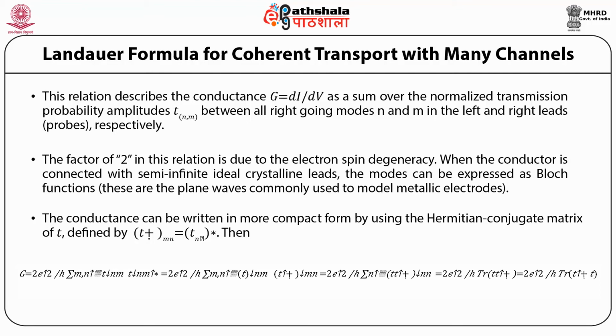Then G equal to 2e² by h multiplied by summation over mn of Tnm Tnm star, equal to 2e² by h multiplied by summation over mn of Tnm T dagger mn, equal to 2e² by h multiplied by summation over n of (T T dagger)nn, which is equal to 2e² by h multiplied by trace of T T dagger, equal to 2e² by h multiplied by trace of T dagger T.